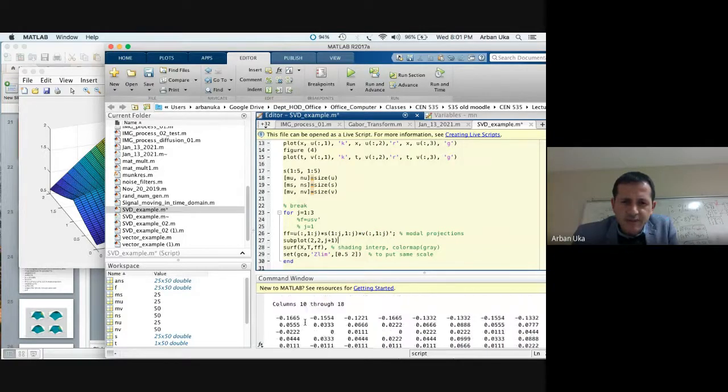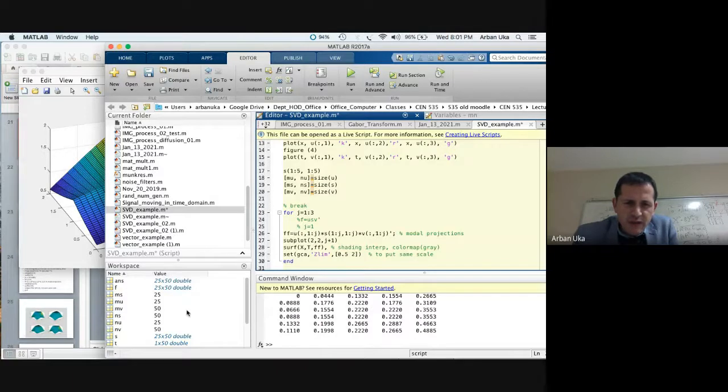So if we have a look at the size of U, it is 25 by 25, okay? That means that for the first column, we are considering only 25 values, 25 by 1, times a single sigma, sigma 1, times the V transpose.